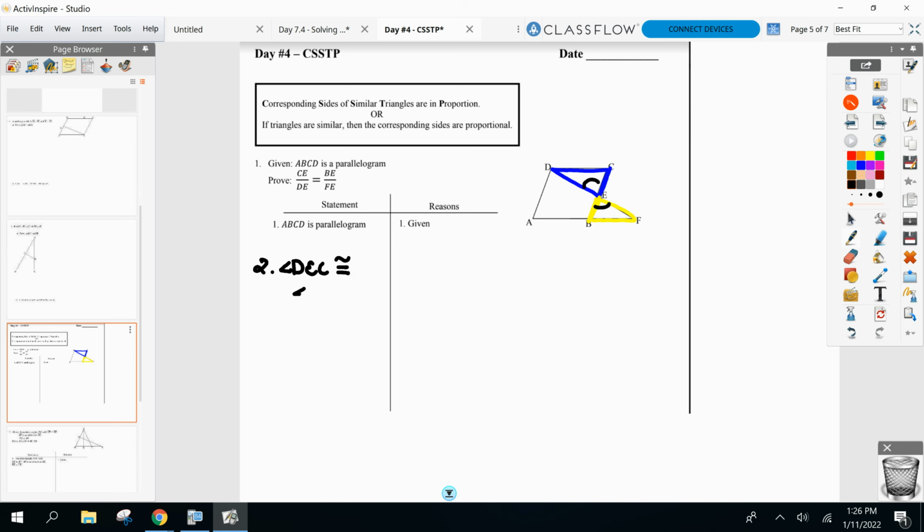We know what triangles we need to prove similar. How do I get the angles equal? Oh, actually, no, we need to say that BF is an extension of AB.